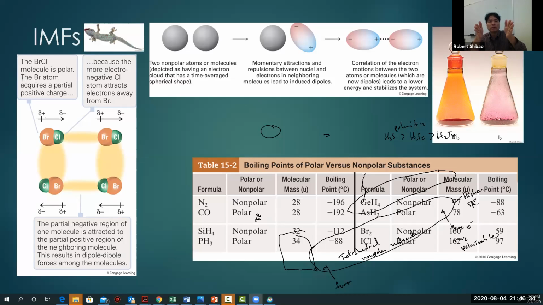The permanent dipole can grow or shrink depending on where the electrons are in that instant of time. Permanent dipoles fluctuate over time, but this is the time average one. Over here, these instantaneous dipoles fluctuate over time, but the average is 0. It's non-polar.